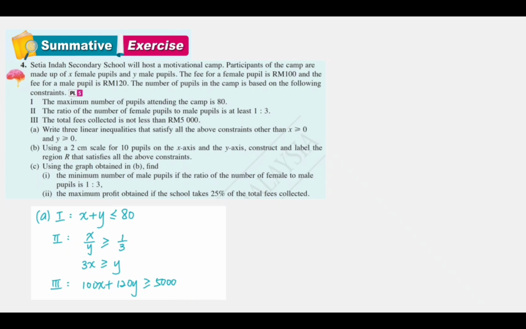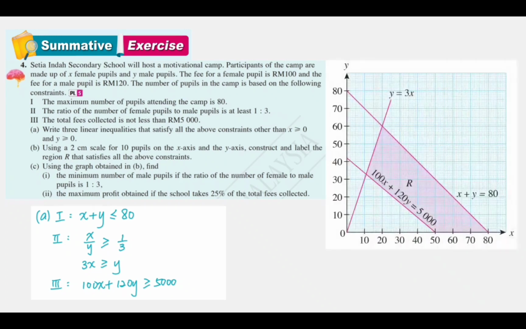B. Using a 2 cm scale for 10 pupils on the x-axis and y-axis, construct and label the region R that satisfies all the above constraints. So first, we need to get x plus y equals 80. This line is easy because the y-intercept is y equals 80 and the x-intercept is x equals 80.